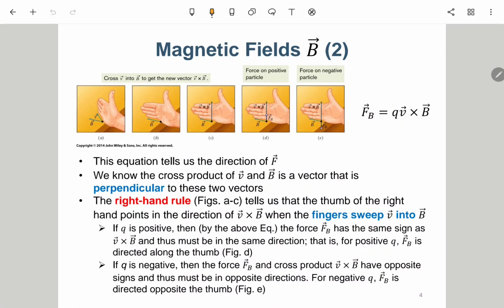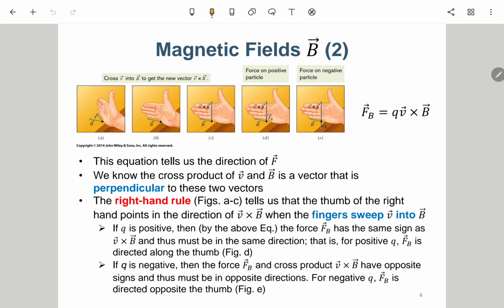First we talked about the magnitude, and the most difficult part is the direction. You may have learned the cross product in high school physics. We'll use the right-hand rule to determine the direction of the cross product.